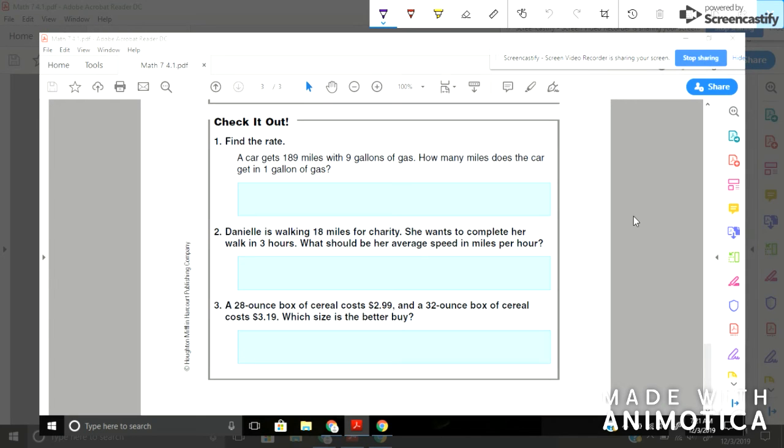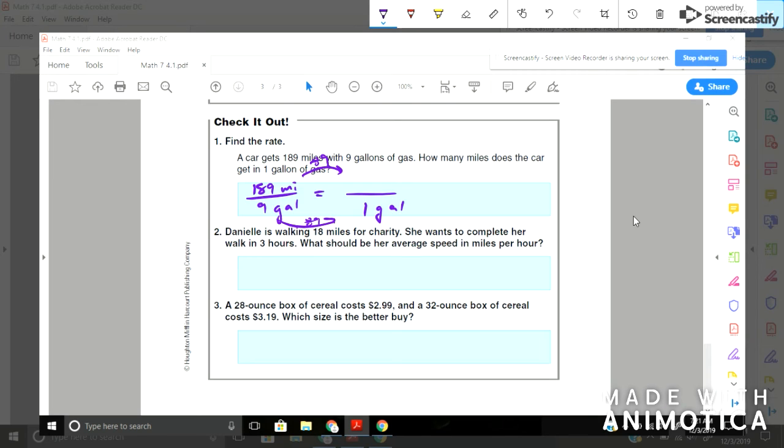All right, for the first one, we have a car that gets 189 miles with 9 gallons. How many miles does it get with 1 gallon? So again, we want to get this to 1 gallon, and we do that by dividing by 9 on top and bottom.